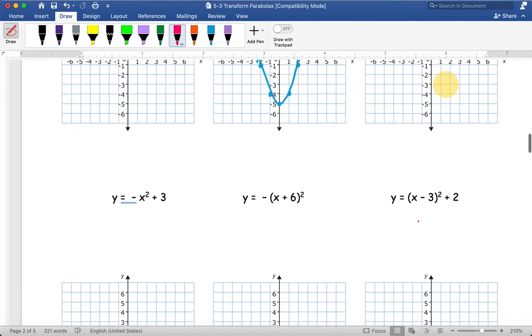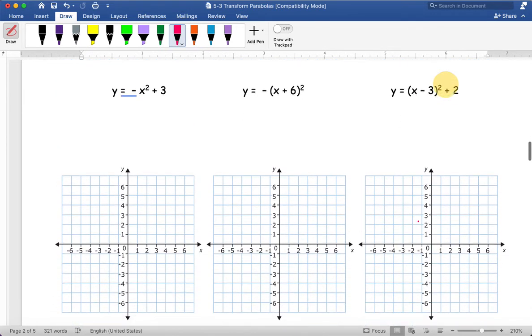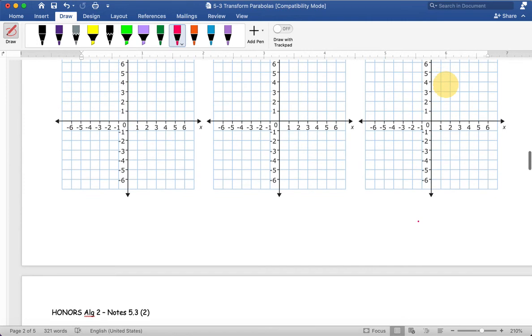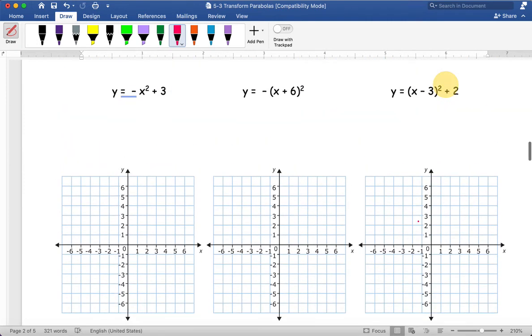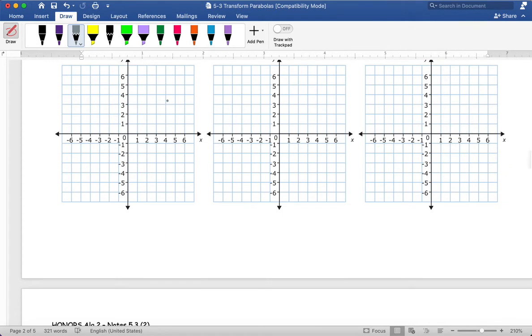Okay. Got three more examples. Well, I'm going to start with the parent function again. So maybe I will, with my charcoal, 0, 0, 1, 1, 2, 4, axis of symmetry, and sketch in my parent function.